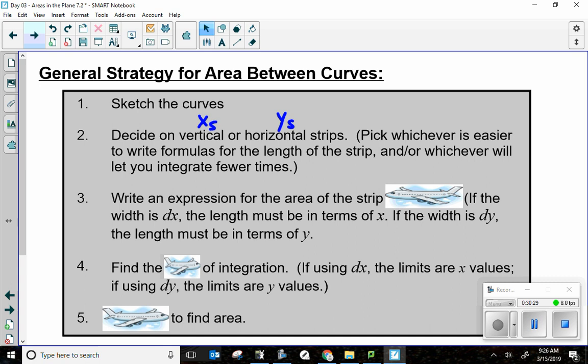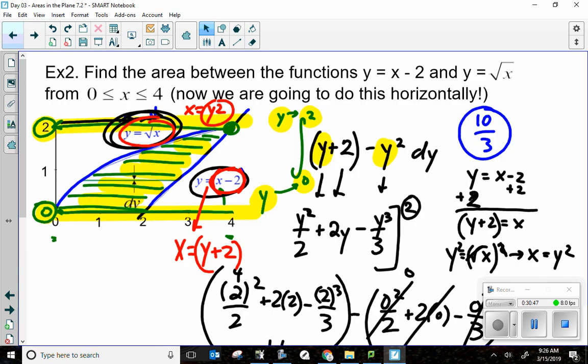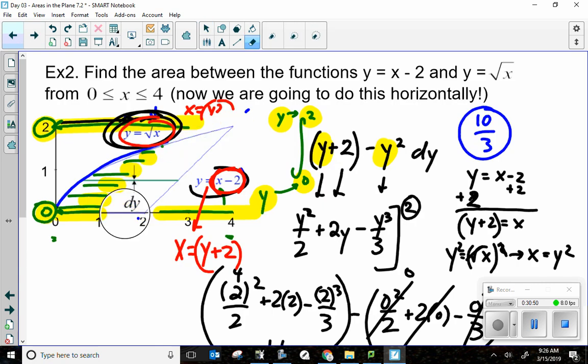Second, you write an expression for the area of the strip, which is the integrand. That's what you're going to integrate. If the width is dx, then the length must be in terms of x. If the width is dy, then the length must be in terms of y. If this is in dy right here, then you've got to have your y's here.